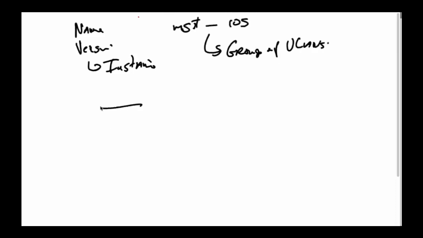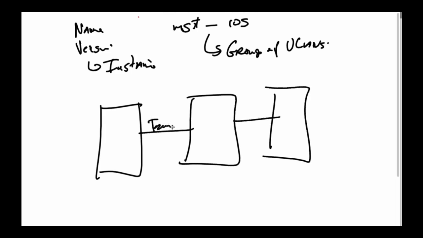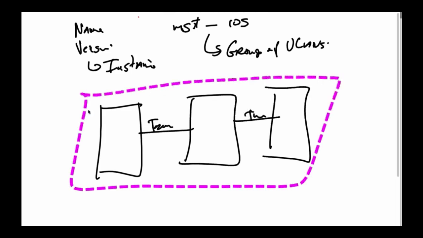Now here's the problem. We have switches. Our switches can be interconnected, obviously via trunks. And what we want is one homogeneous MSTP domain. Now the issue here is that I have the capability of doing individual configuration inside the context of each of these devices.